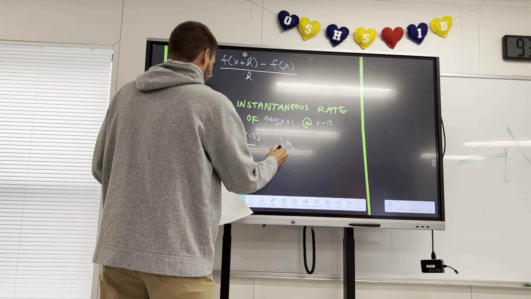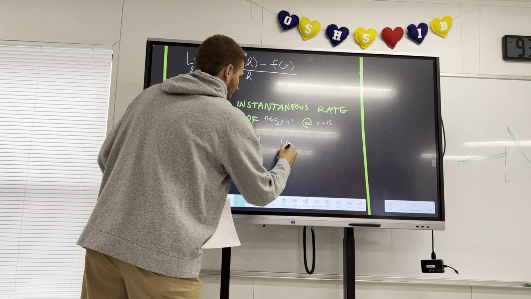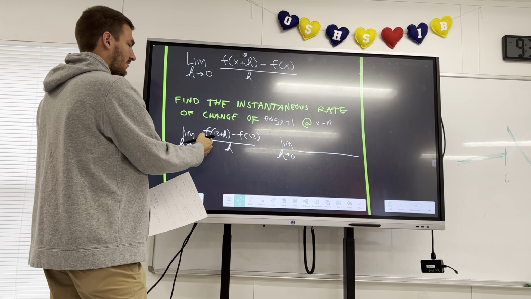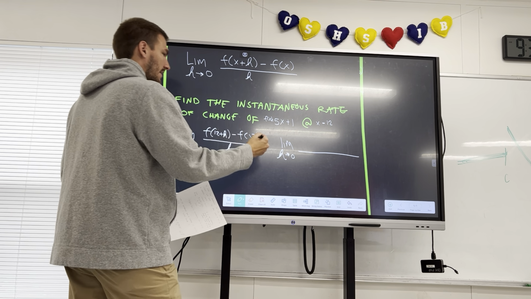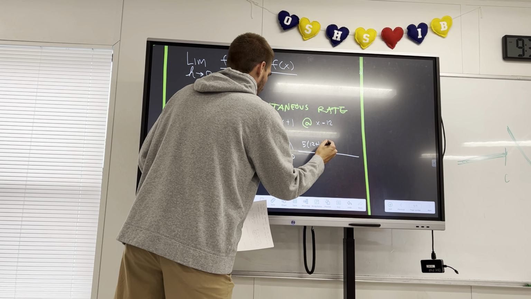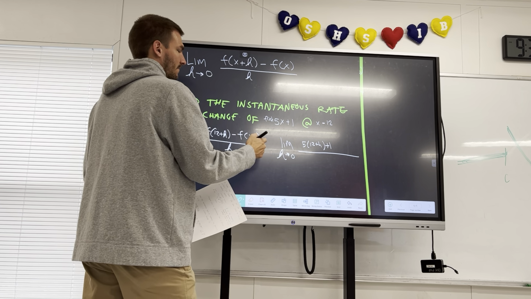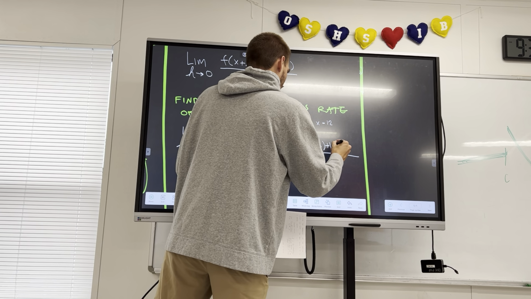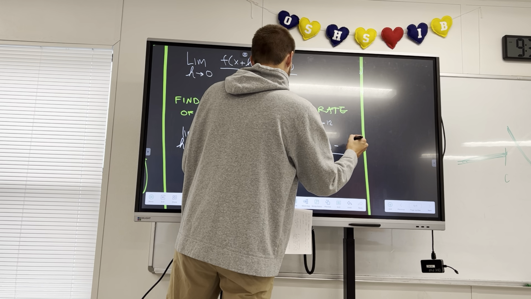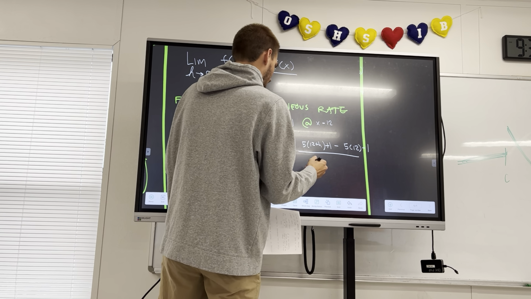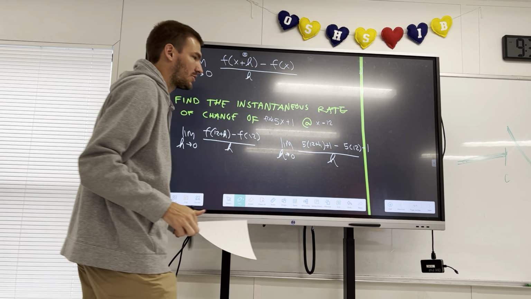Okay. The limit as h goes to 0, plug it in. The first one, we want to substitute 12 plus h. 5 times (12 plus h) plus 1. Everybody cool with that? The other part's very easy. Minus f of 12, which is going to be 5 times 12 plus 1, over h.